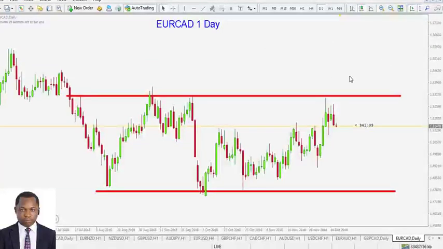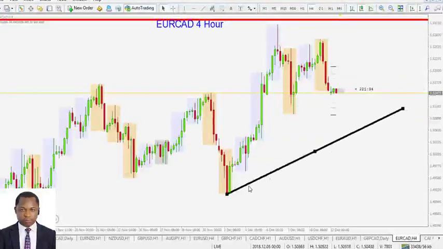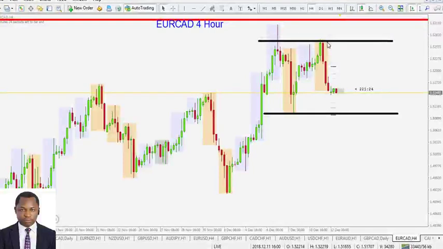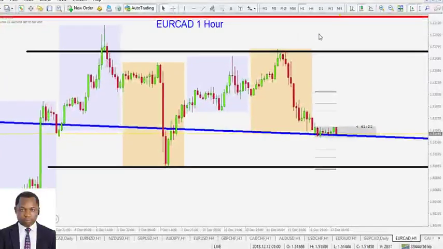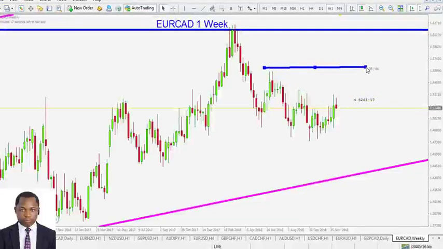The euro against the Canadian dollar. These are very bad market times. Price action we see.